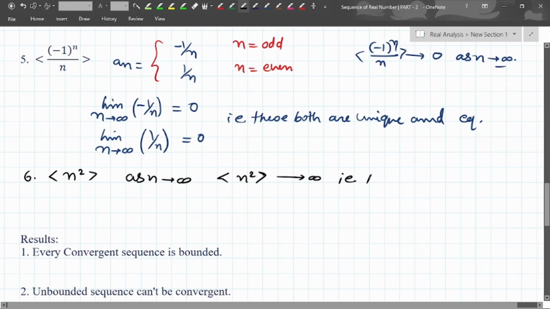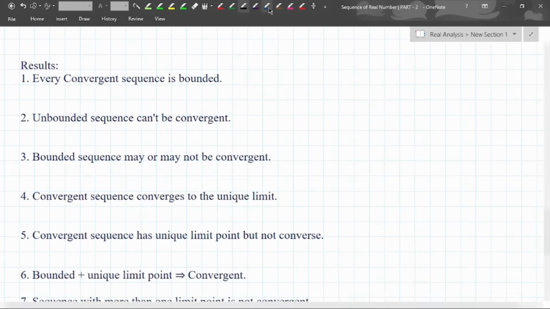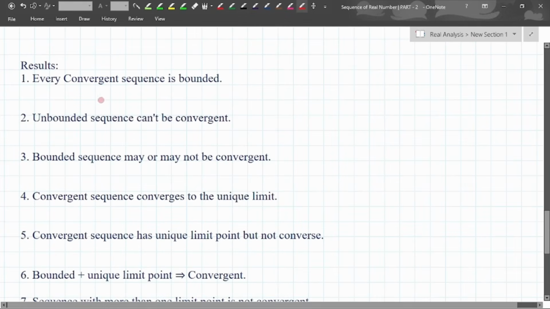It means it is not convergent, or we say it is a divergent sequence. These are some examples of convergent and divergent sequences.